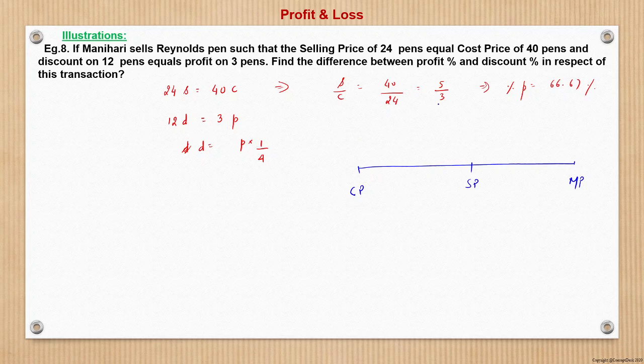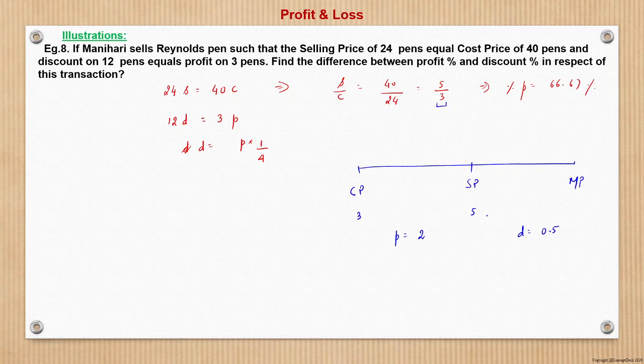So let's say if CP is 3 rupees, so SP is 5, right? And SP minus CP is profit. So profit in absolute terms is 2, right? And if profit is 2 in absolute terms, so we can say discount is nothing but 2 upon 4, which is 0.5. So discount is equal to 0.5 rupees. Only when CP is 3 rupees, then SP is 5 rupees, profit is 2 rupees, discount is 50 paise.